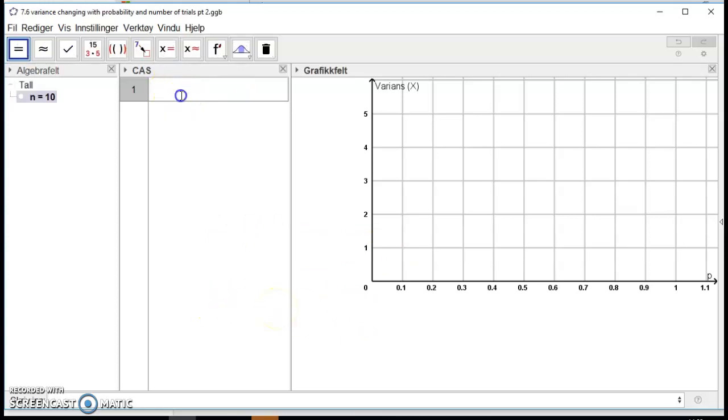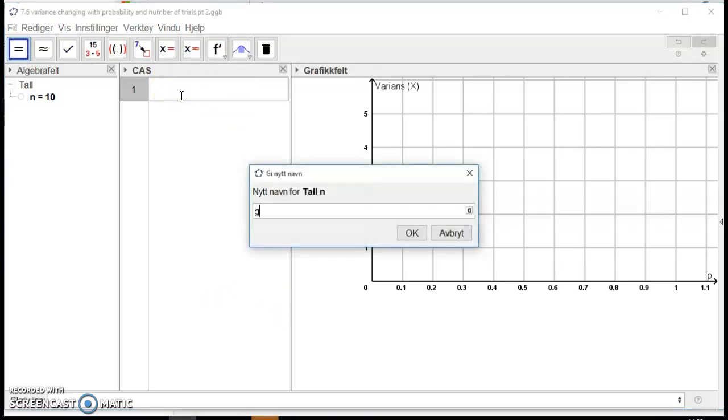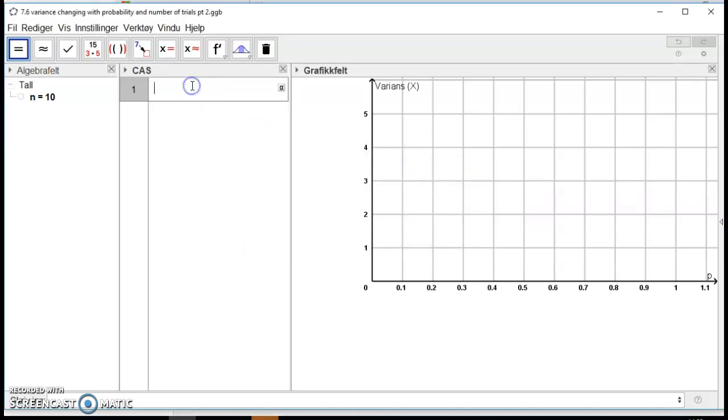So n equals 10, and then we're going to define our variance function.